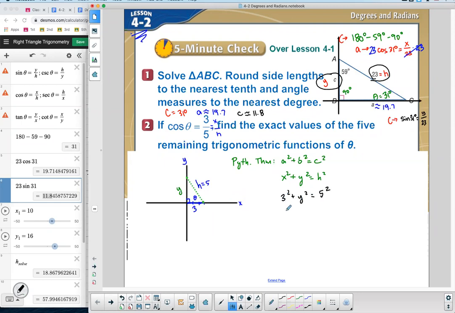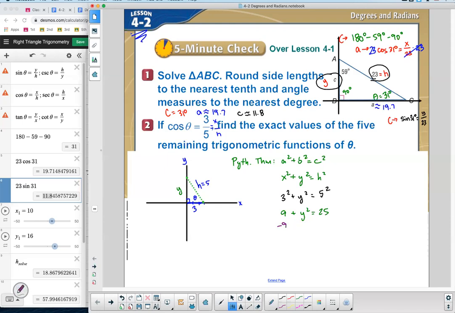So if I go to solve this, 3 times 3 is what number? 9. I don't know y squared. And 5 times 5 is? 25.